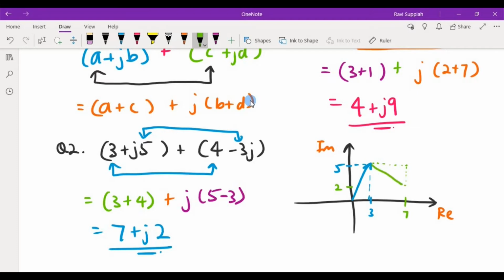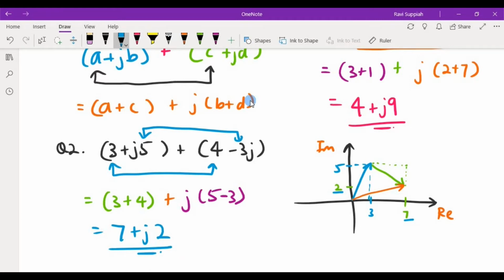The new position of my vector addition would be this point here. Since there's no other addition involved, the final answer is actually from here to this point here, which is 7 plus 2j, which is what we have here.